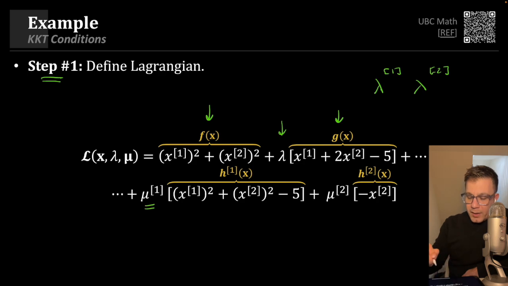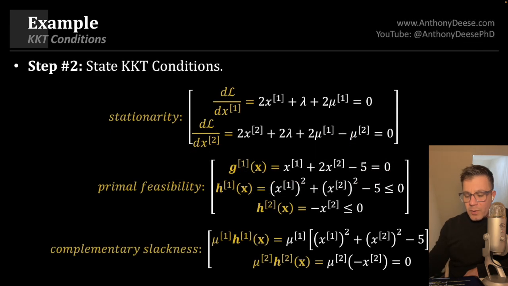Then we add mu1 times h1 plus mu2 times h2, and we really are just taking all the pieces from the previous slide and plugging them in here. If you see up in the right hand corner these QR codes, these are just some references that I've used in case you want to check them out. I'll try to put them in the description as well.